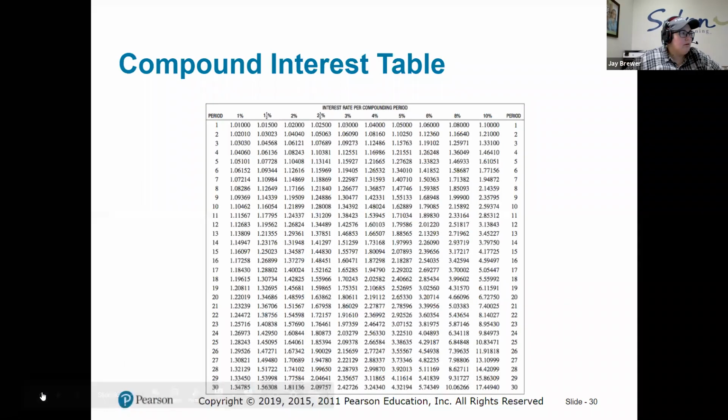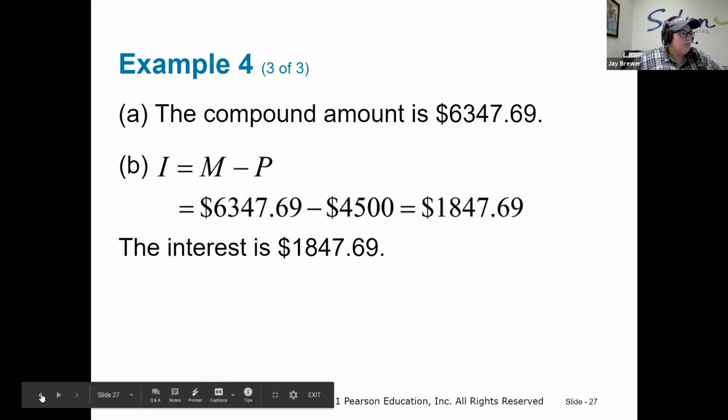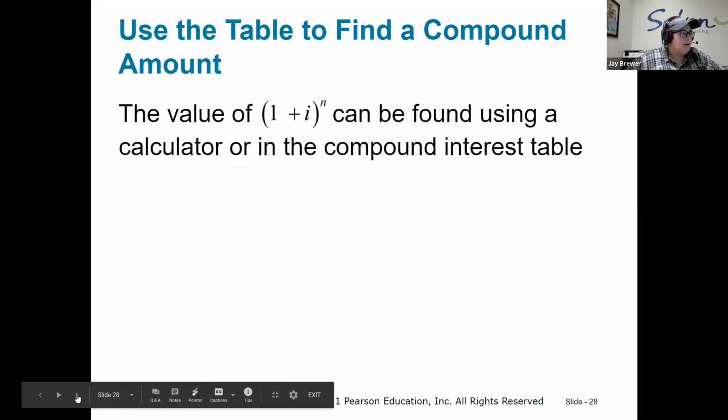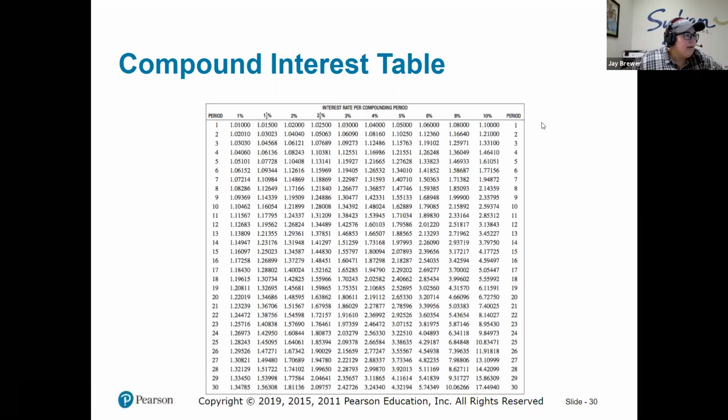Did we do that right? Where's that one slide at? Oh, 3.5. My bad, guys. Too many numbers going on today. So 10 and 3.5. Oh, we don't have 3.5. That's why they did it by the calculator. Gotcha.